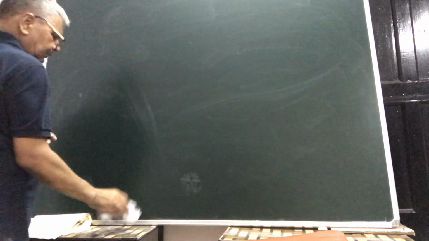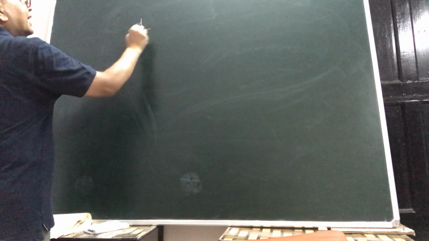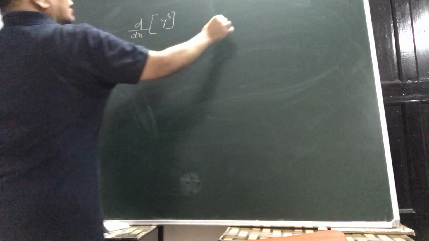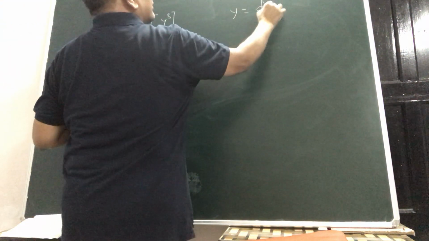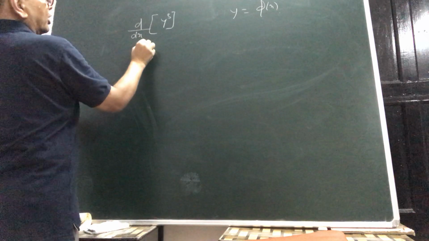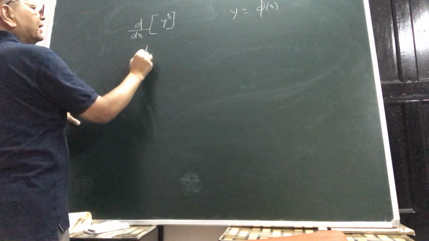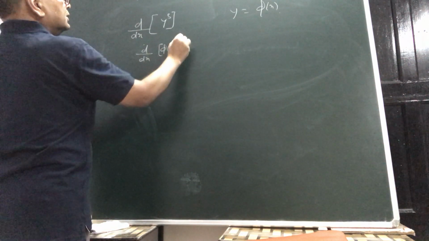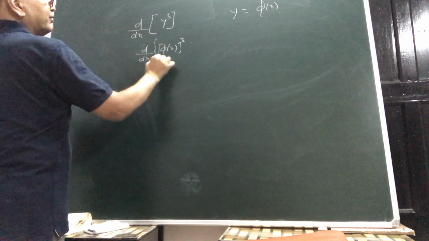See, d upon dx of y cube, and here what is y? Y is some imaginary function of x. So effectively it is d by dx of 5x whole cube. This is what you had to find out.